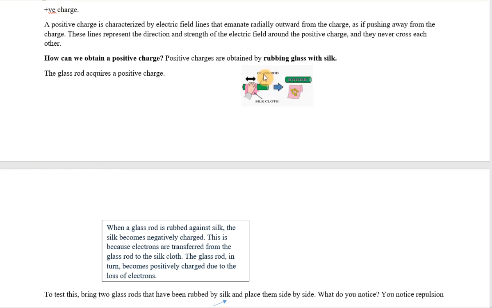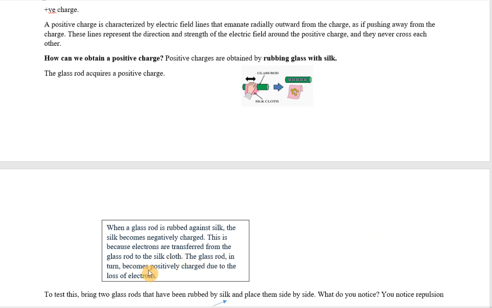So this is the glass rod and this is the silk cloth. When you rub this glass with these silk cloths, you notice that the silk becomes negatively charged. This is because electrons are transferred from the glass rod to the silk cloth.